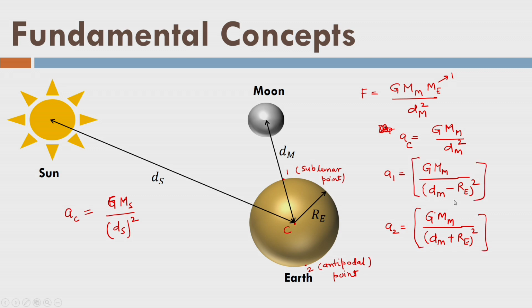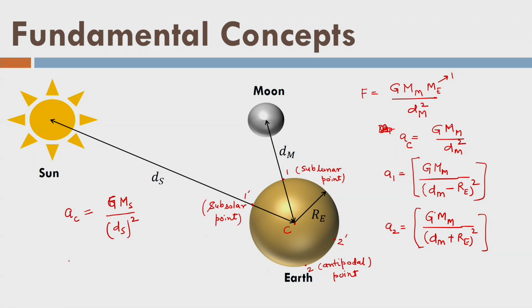Fine. Similarly, I can write the same formulas like A1 and A2. So if I declare that this point is 1 dash, and call the other point 2 dash, which is subsolar point here, and the antipodal point, that is 2 dash, corresponding to this subsolar point, fine.